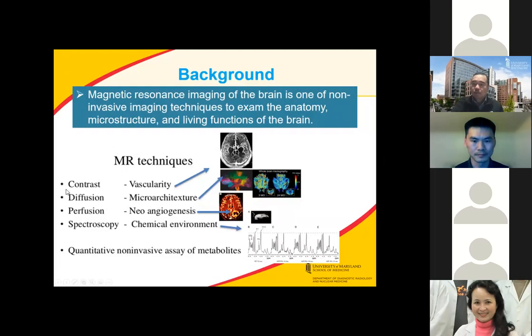For example, with contrast we can look at the vascularity in the brain, and also measure diffusion, function, perfusion, blood flow, even tumor diagnosis. And I'm going to talk about spectroscopy today, used to quantify the alcohol metabolites and the neurochemicals.